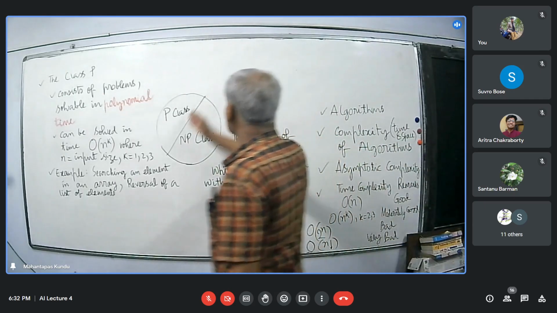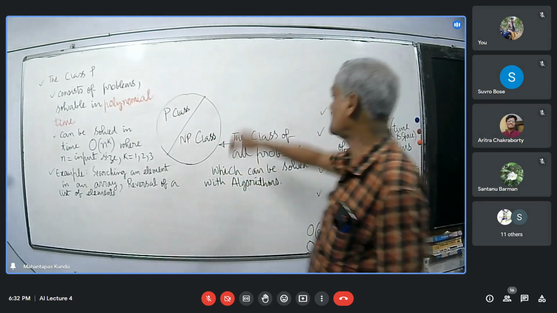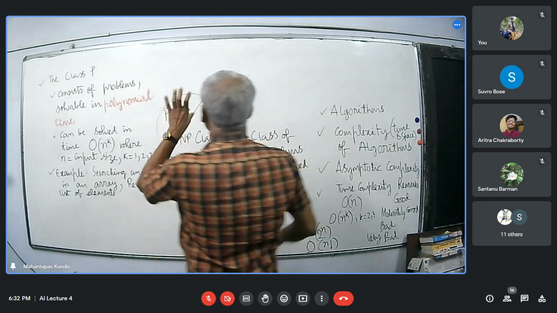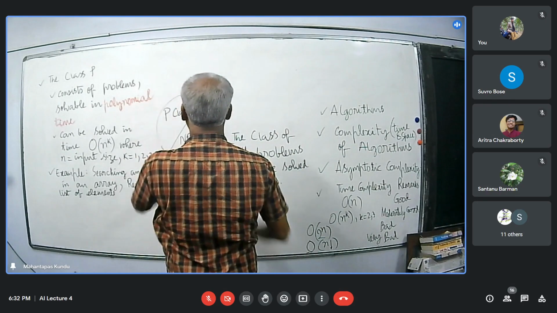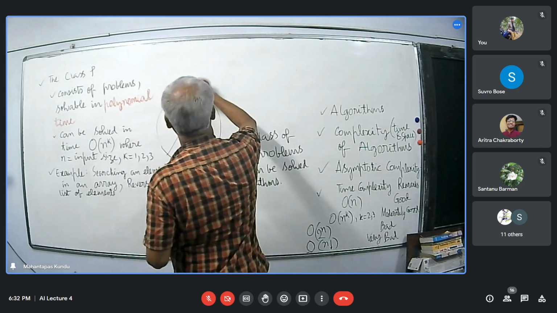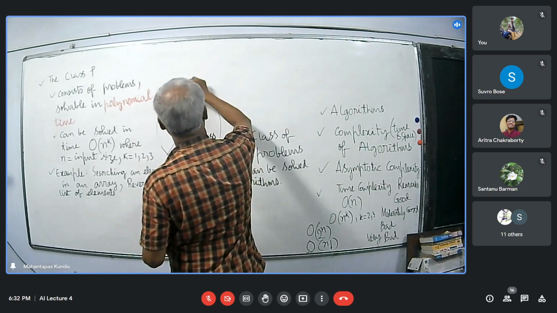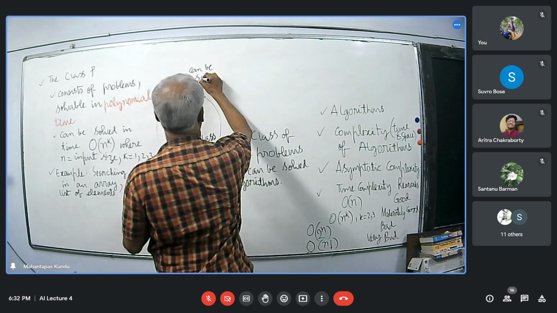Now, this class of problems which can be solved with algorithms, out of this class, this P class of problems can be solved efficiently, and this NP class of problem, they cannot have efficient solution. Why? Can be solved efficiently.